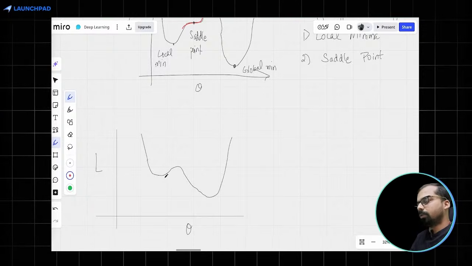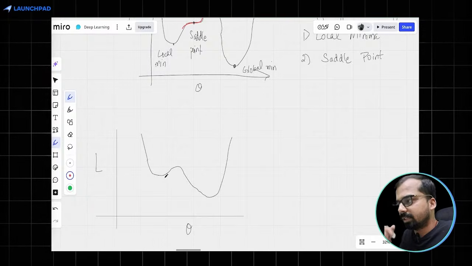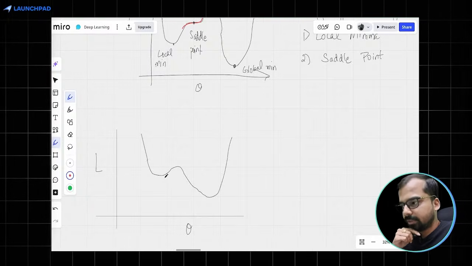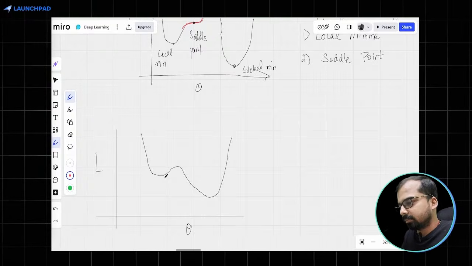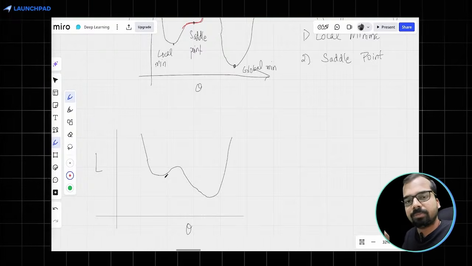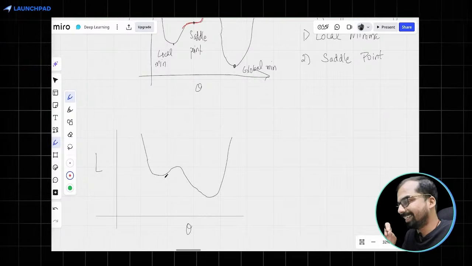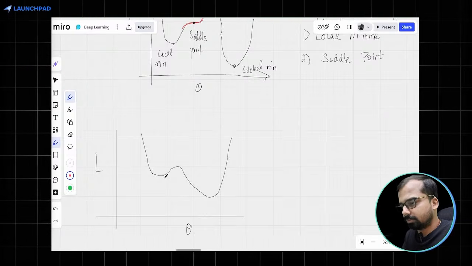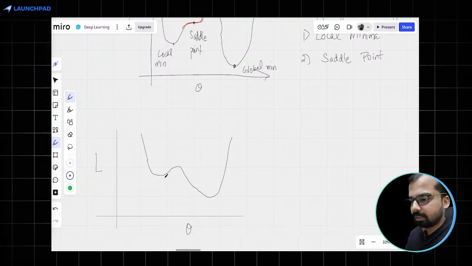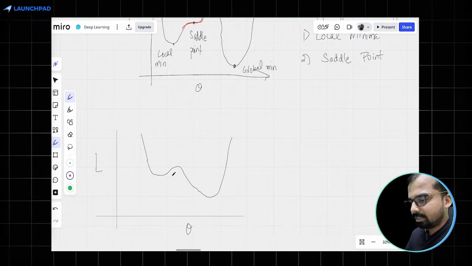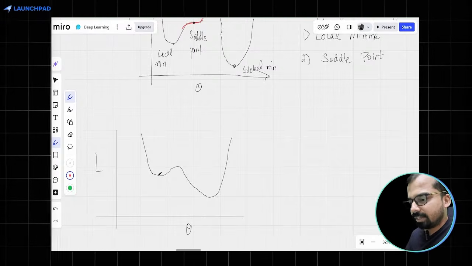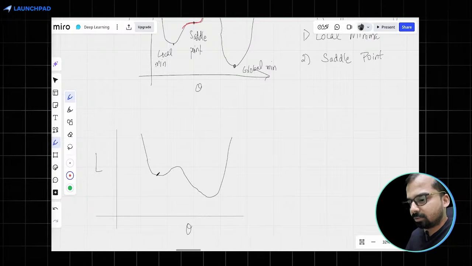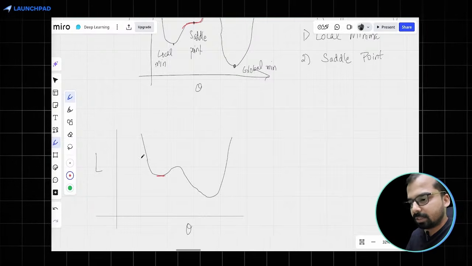So what if I come up with another optimization algorithm that gives me the ability to overshoot local minima? For example, let's say I was somewhere over here. Here my slope will be 0, right?